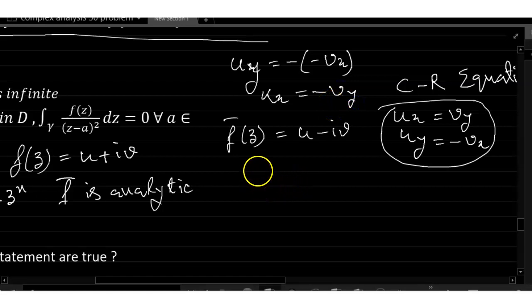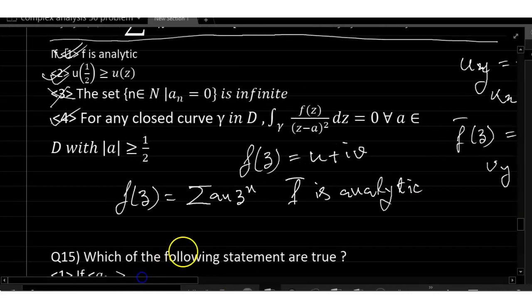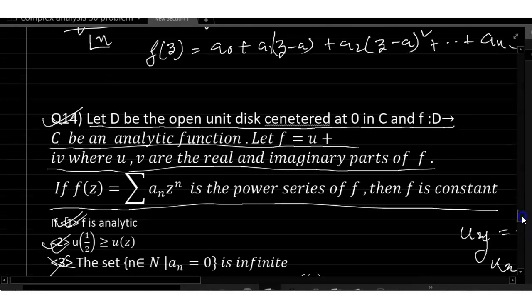So we see that v_y is equal to 0. So my first option is correct.